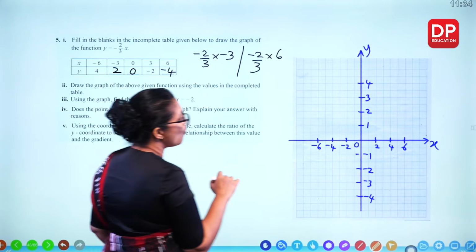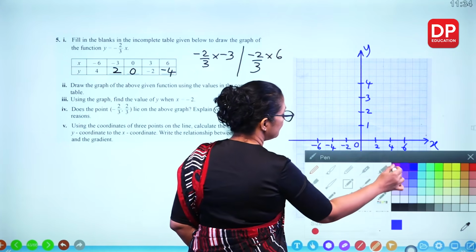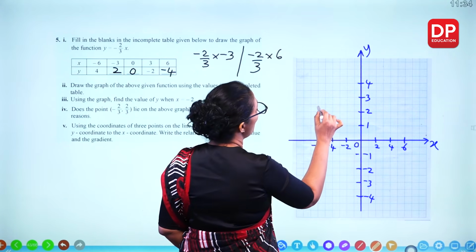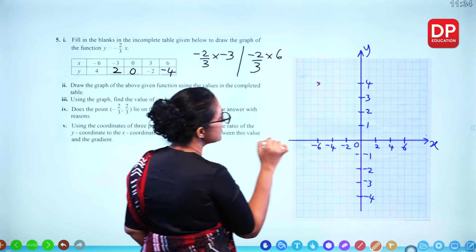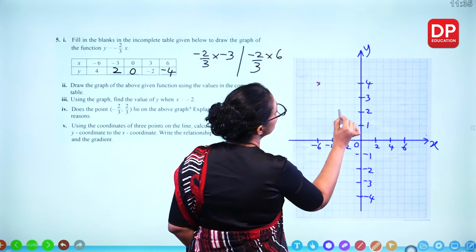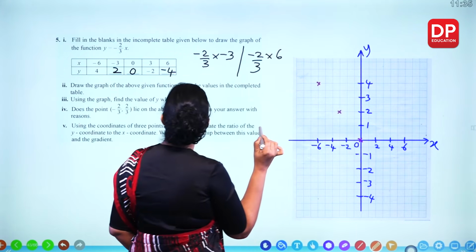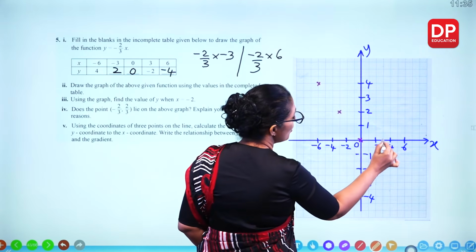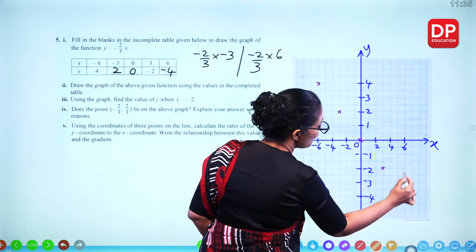Minus 6, 4 is this point. Minus 3, 2. So minus 3 is here, 2. 0, 0. Here 3, minus 2. 3, minus 2 is here, 6, minus 4.